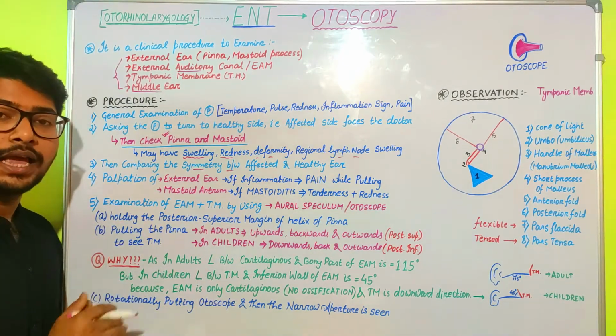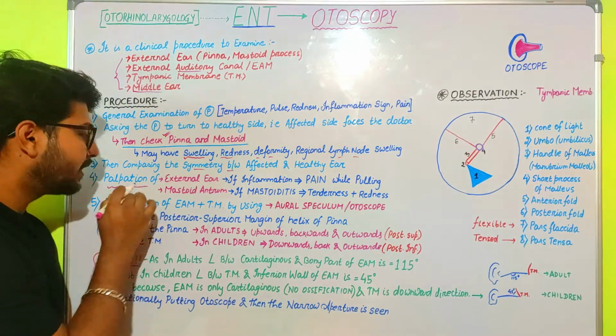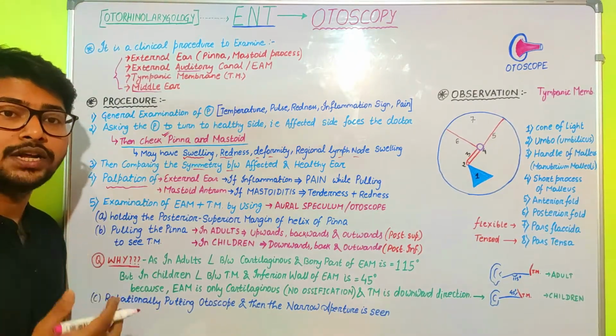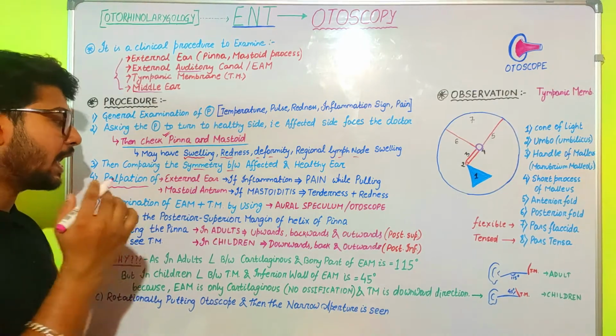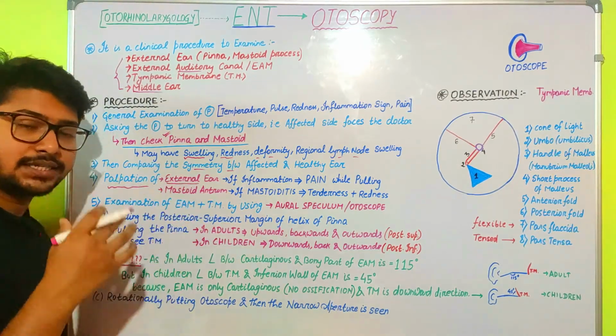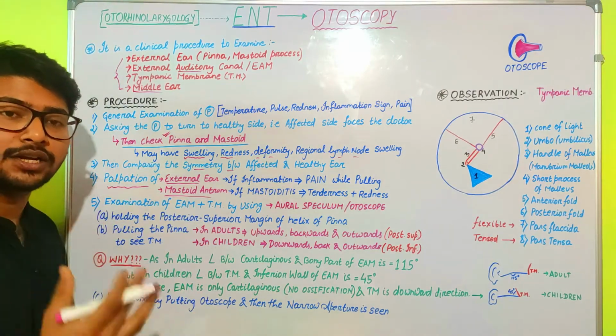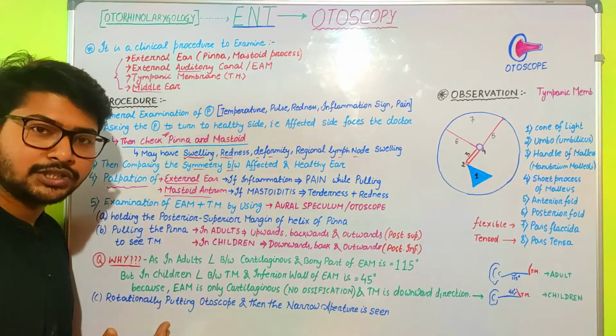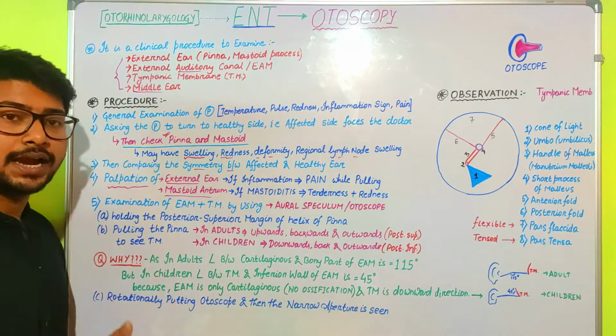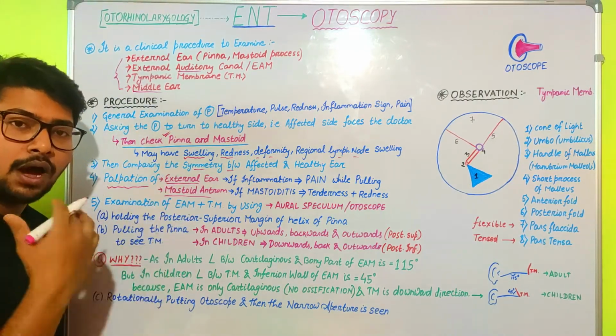What happens then? Then comes the palpation method of examination. Here the doctor will palpate the external acoustic meatus or the external ear and the mastoid antrum. Through this, the doctor can conclude whether there is any kind of inflammation or mastoiditis attached to this structure. How?